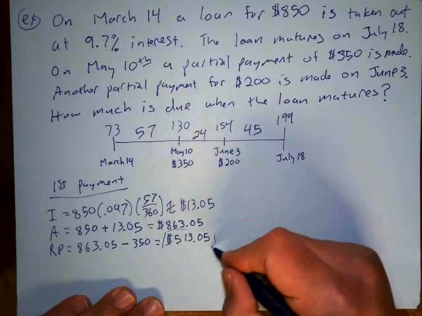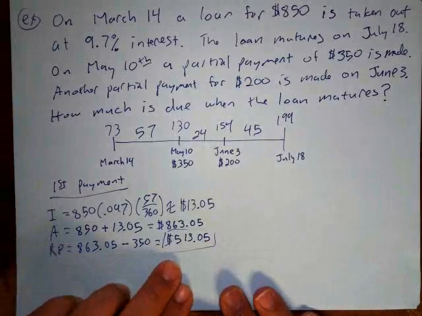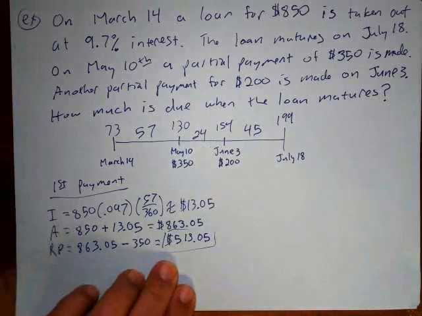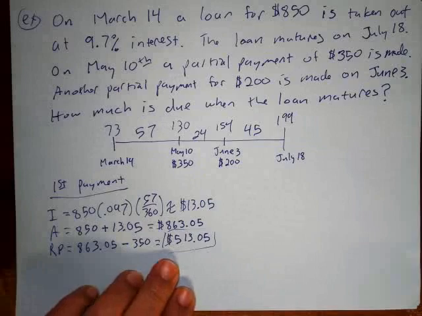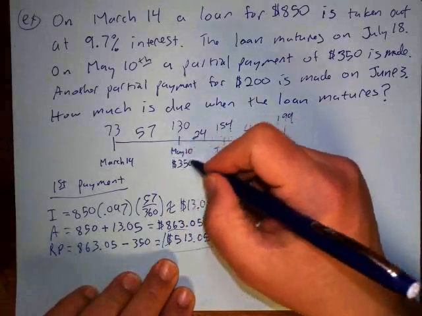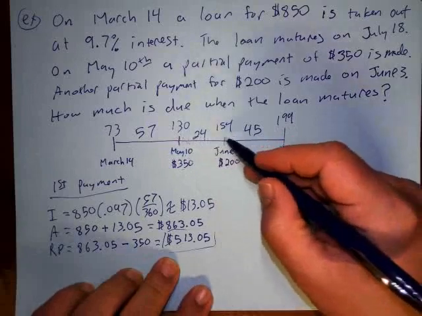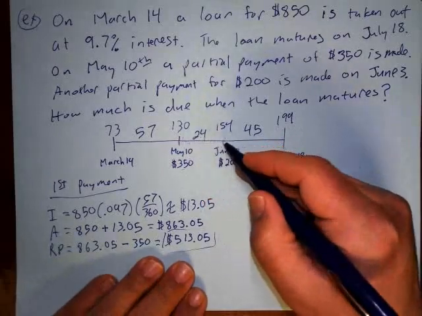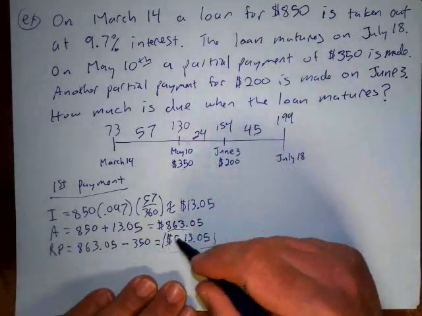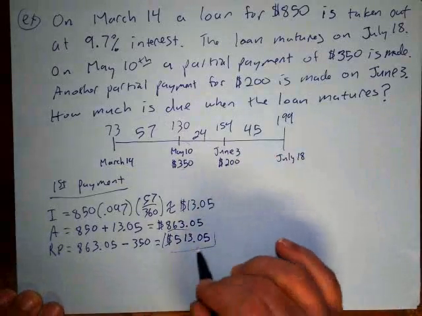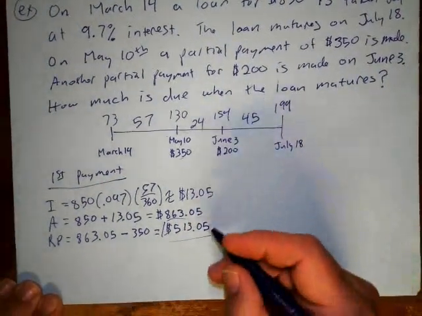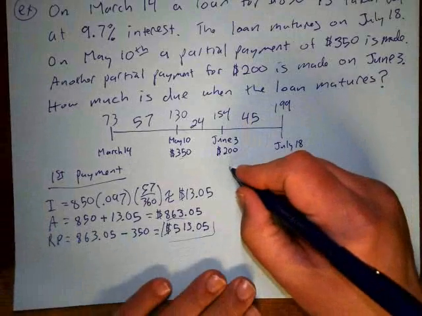And so this is like the remaining principal. This is how much still remains on the loan when you get to May 10th and you go into this next period. So over this period, they can only charge interest over the $513.05.